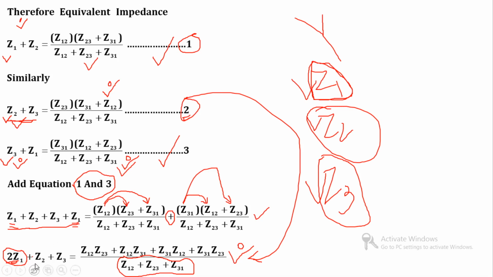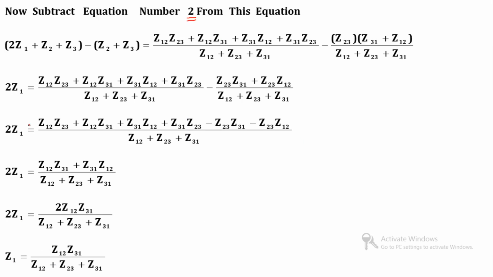So on the left hand side, Z2 plus Z3 and Z2 plus Z3 will cancel out. So 2Z1 plus Z2 plus Z3, minus the previous equation's Z2 plus Z3. Over here Z2 plus Z3 cancels out, so 2Z1 will remain, and again the denominator will be the same in both equations.